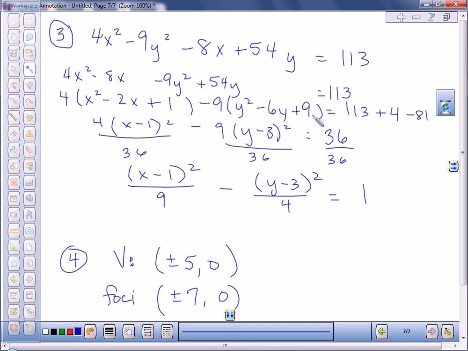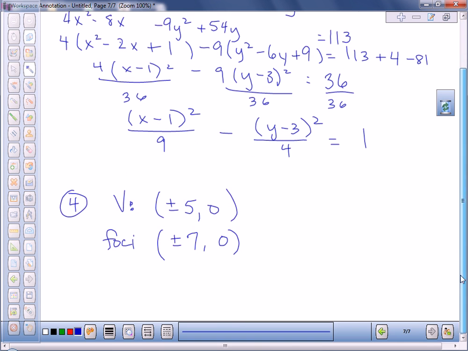Yes. All right. Now, let's say I told you these were the vertices and the foci of a hyperbola. What's the equation? So let's think about what we have here. We have vertices at negative 5 and 5. So we know it's opening left and right, right?